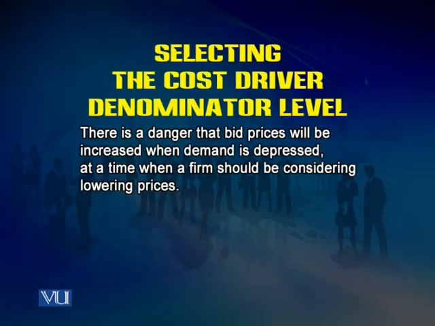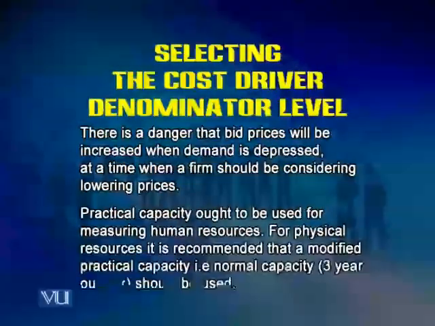There is a danger that bid prices will be increased when demand is depressed, at a time when a firm should be considering lowering prices. So there could be times when we are raising the cost and therefore raising our bid price, and that might happen at a time when you need to lower the cost, and therefore you will be misquoting and having an inappropriate bid, and that might not be successful.